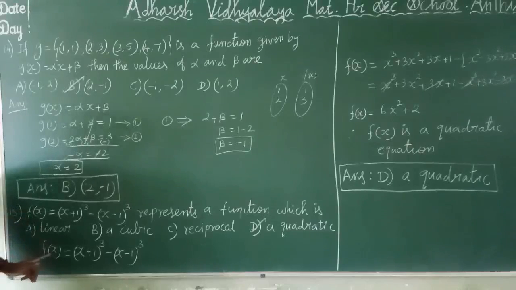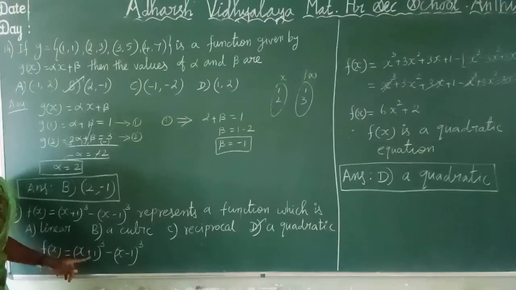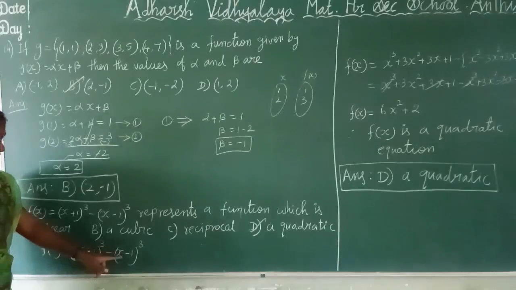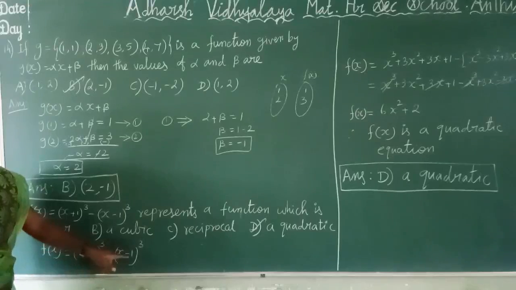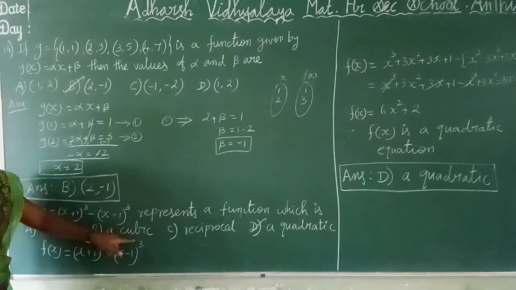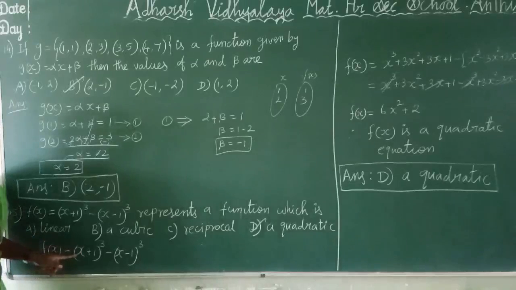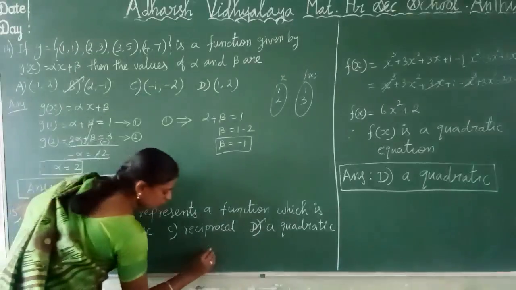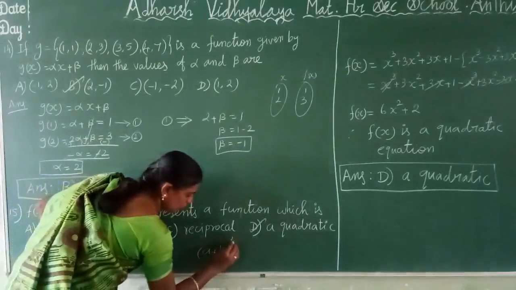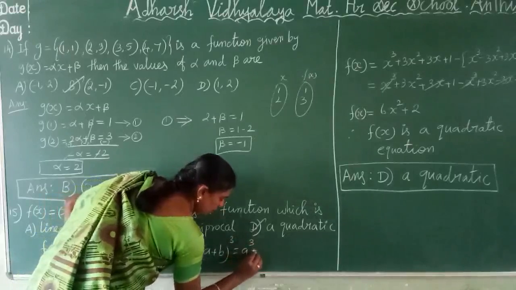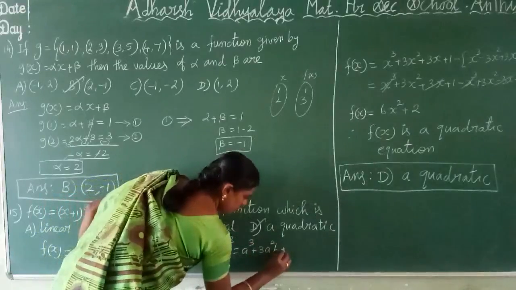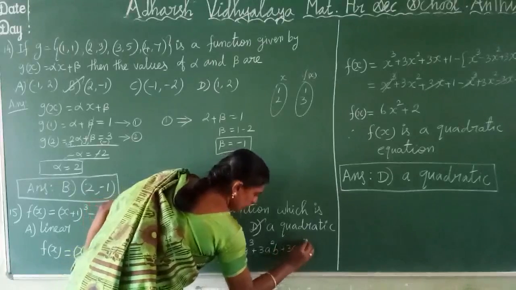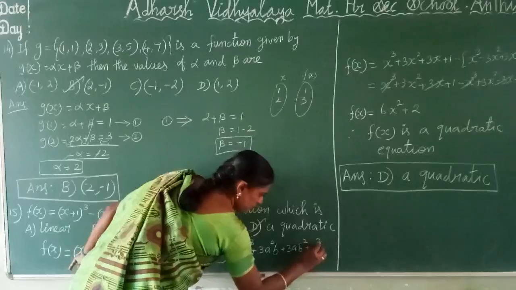You verify. F of x equal to (x plus 1) whole cube, that is the (a plus b) whole cube format, minus (x minus 1) whole cube, that is the (a minus b) whole cube. You already studied this formula in lower classes. Apply the formula: (a plus b) whole cube is equal to a cube plus 3a square b plus 3ab square plus b cube.